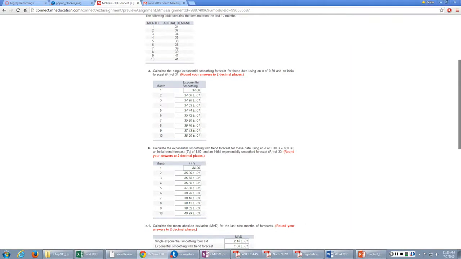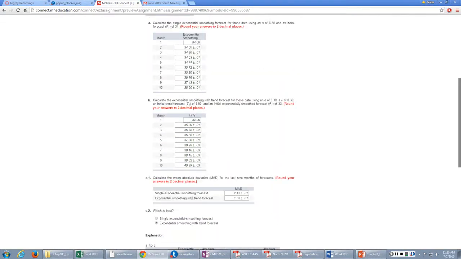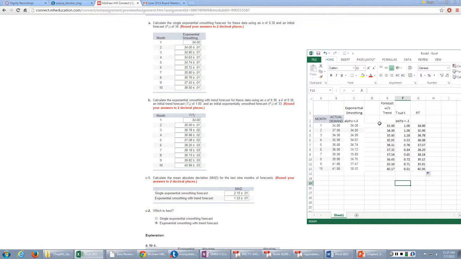The next thing that we're asked to do is calculate the mean absolute deviation for the last 9 months of the forecast, rounding the answer to 2 decimal points. Well, this is really straightforward. For the last 9 months, we're going to leave out month 1, and we're going to take the absolute value of the difference between actual demand and forecast.